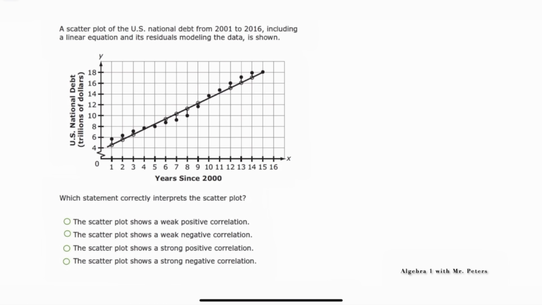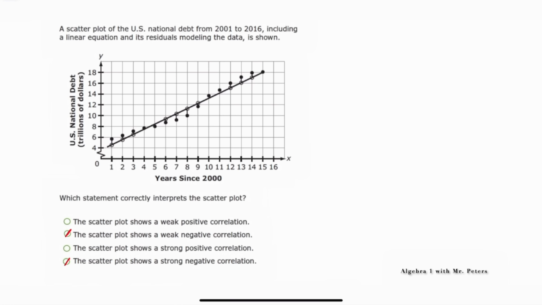Problem number 9 asks us which statement correctly interprets the scatter plot. And we have to be mindful that this still relates to slope, and this is a positive slope. So when we look at our answer choices, we are going to eliminate answer choice B and answer choice D because it's not a negative correlation. That means it will be a negative slope. So now we have to determine, is it a weak positive correlation or a strong positive correlation?